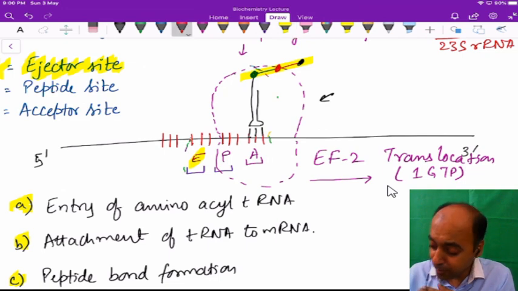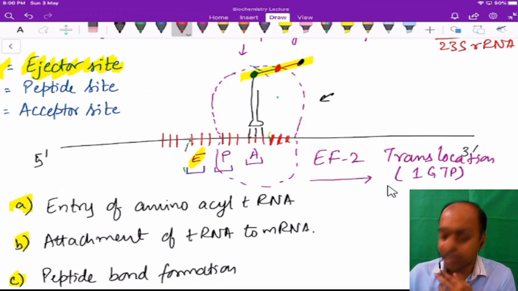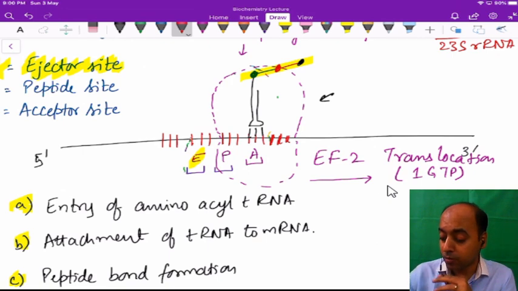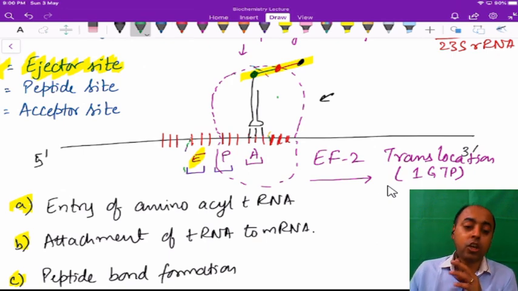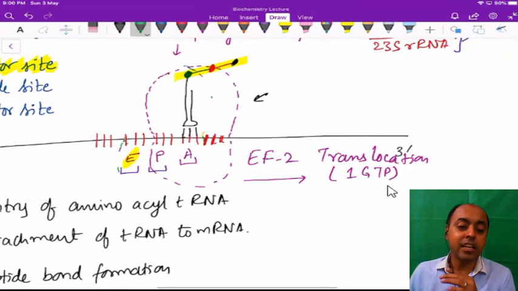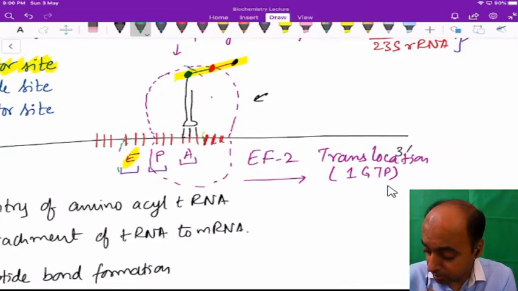Now, what happens when we have the stop codon at the A site? Remember there is no corresponding tRNA for the stop codon. Result, no tRNA will come in. When the A site remains empty, there is entry of 2 factors.